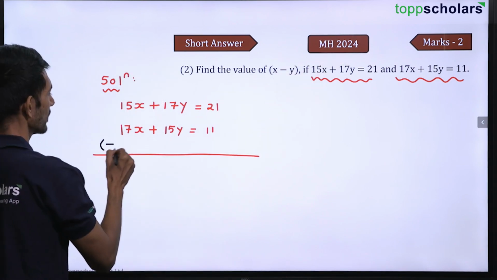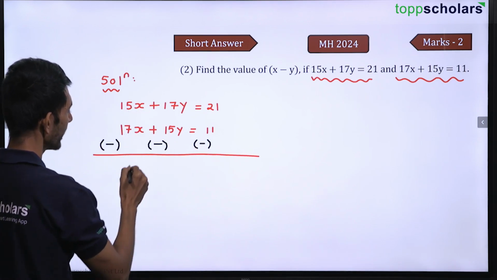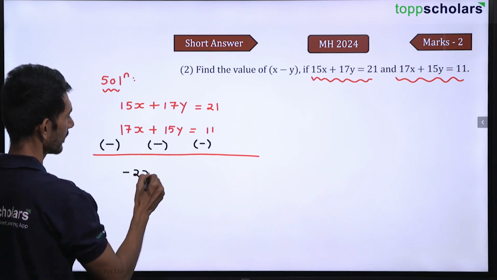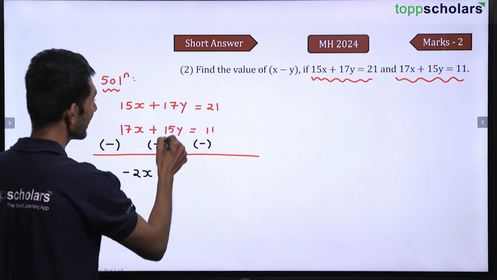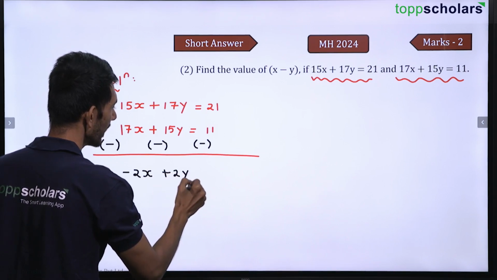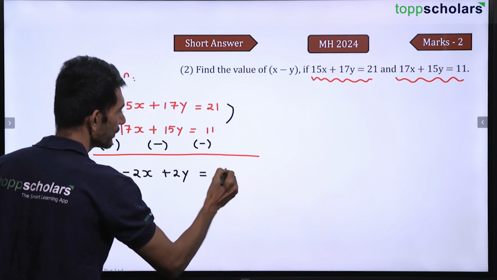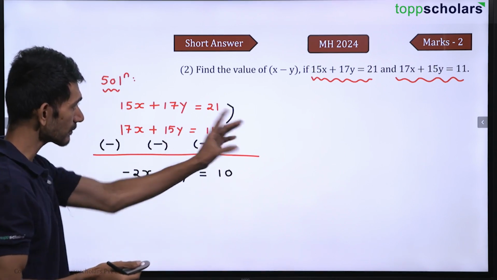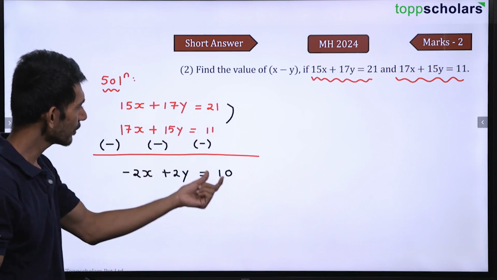If you subtract the equations, 15x minus 17x is minus 2x. Then 17y minus 15y is plus 2y. And then 21 minus 11 is positive 10, right? Now we get minus 2x plus 2y is equal to positive 10.